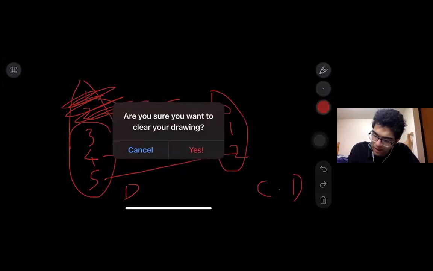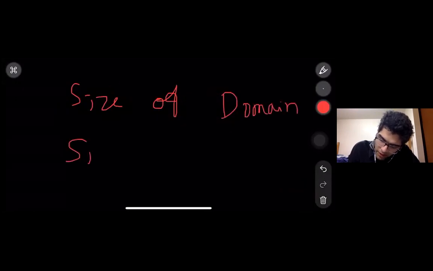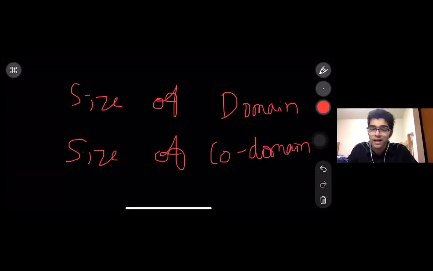I'll allow you guys to think about this, and I want you to tell me by next time, when can you say that a function can be one-to-one? When can a function be onto? For this, I want you to give me the answer based on only two things: the size of the domain and the size of the codomain.